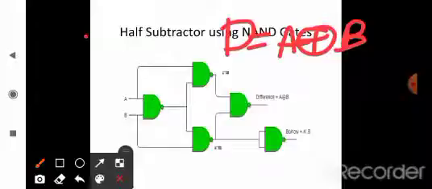But here the difference is the borrow. Borrow is what? A complement dot B. So here we have taken the A complement and we have to multiply it with B. We cannot take that directly here. For that you can see here, B is being fed to here, and here we have AB complement. So the result we get here is B into AB complement.